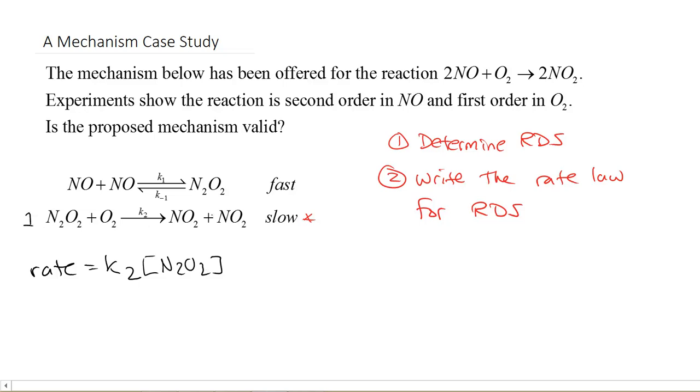Because it has a stoichiometric coefficient of 1, times O2 to the first power, because it has a stoichiometric coefficient of 1. So just to remind you, the reason that I can use the stoichiometry is these are elementary steps. So when it's elementary, we have this ability to write the rate law from the stoichiometry. For a bulk reaction, we don't have that opportunity, and we have to actually go about using experimental data to find the rate law.